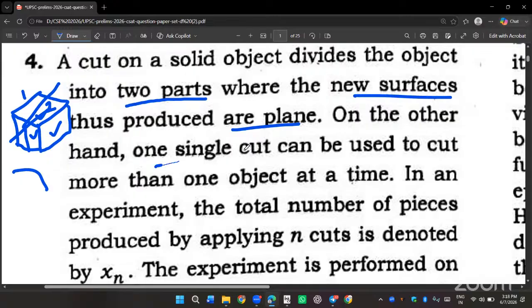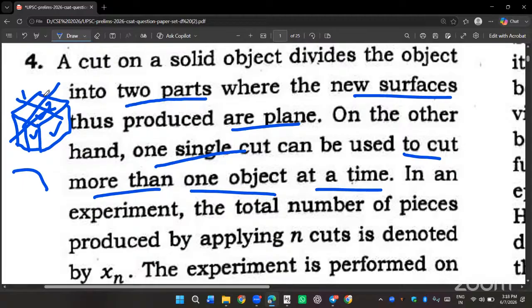Next, one single cut can be used to cut more than one object at a time. It means first cut, when I make a second cut, it will cut the previous cut also. So more than one object at a time. Now I have two objects because originally I had only one cube.